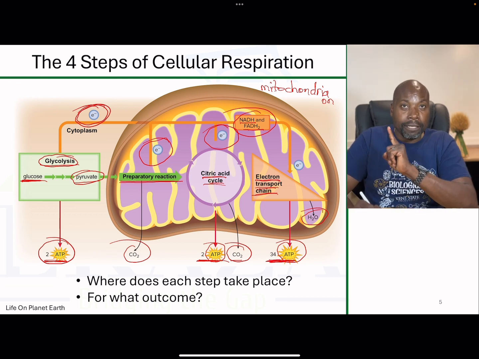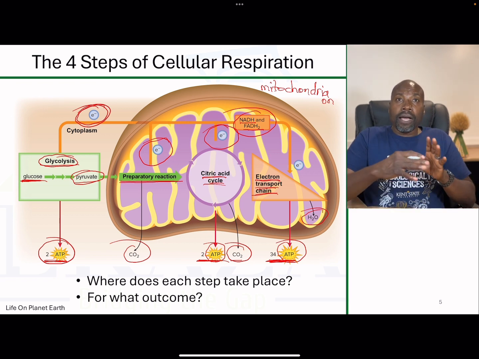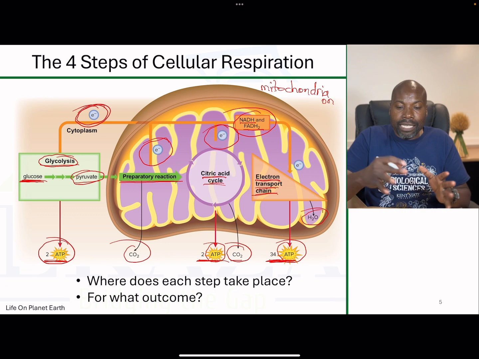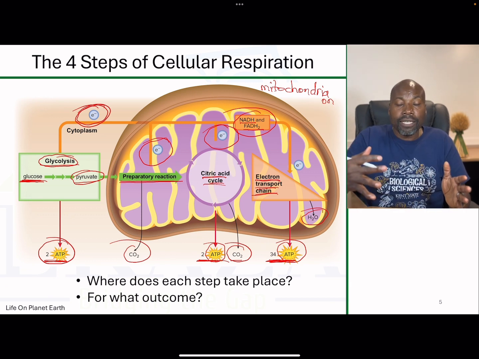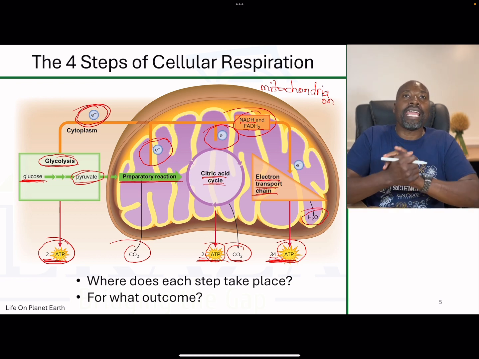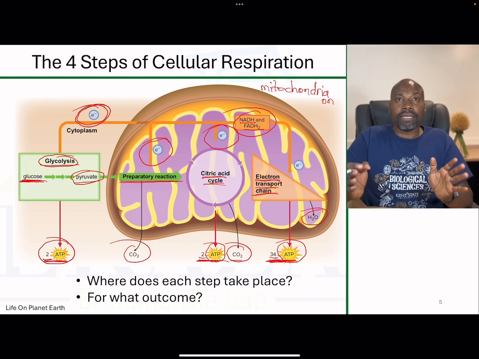Now, think about it. 34 ATPs. So, as a whole, for one molecule of glucose that is hydrolyzed in presence of oxygen, you have 2 plus 2 plus 34, that's 38 ATP molecules that are produced, ideally, right?